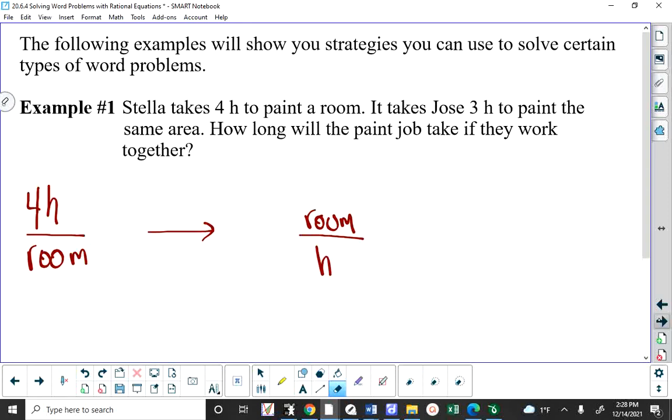In the end, I'm going to give you a shortcut, which is very useful. Well, if it takes her 4 hours for one room, all I have to do is take the reciprocal of that and get that. And I want you to notice that that ratio I've written, one room over 4 hours, is the same ratio as 4 hours over one room. It's just flipped over. And there's a subtle difference.